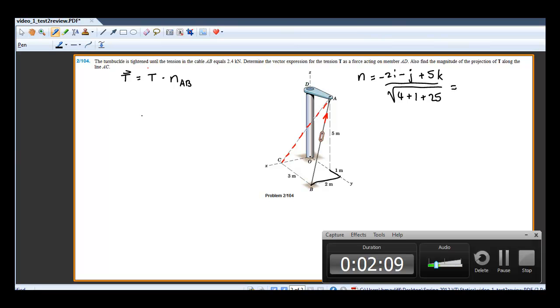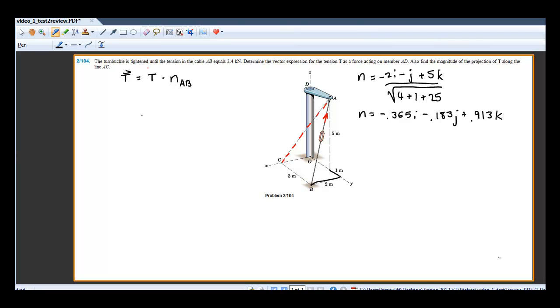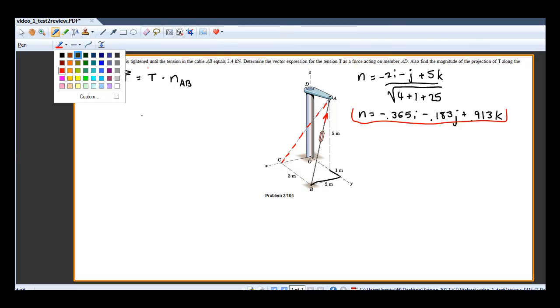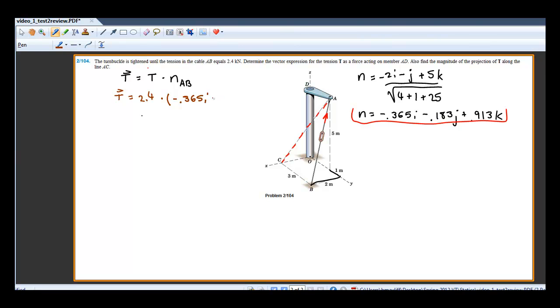That gives us the unit vector from A to B or B to A. To get the tension in terms of i, j, and k, we simply have the tension equal to 2.4 times negative 0.365i minus 0.183j plus 0.913k.